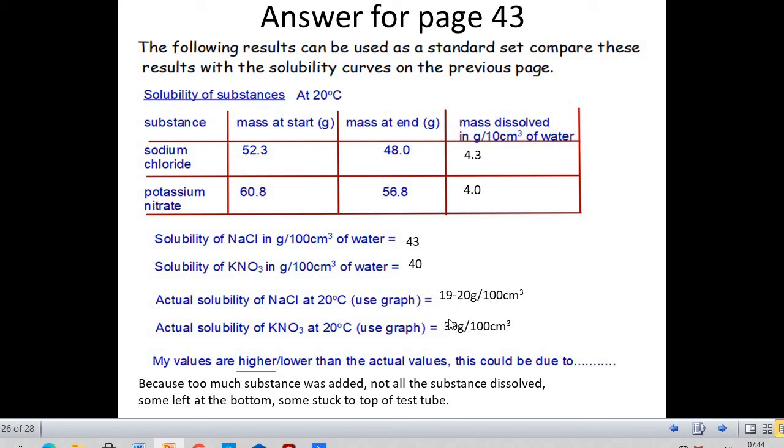So check how I've got those from the graph. And my values, which are these from the table, are higher than the actual values. This could be due to too much substance was added. Not all the substance dissolved. Some was left at the bottom, some stuck to the top of the test tube. So you've added a bit too much.